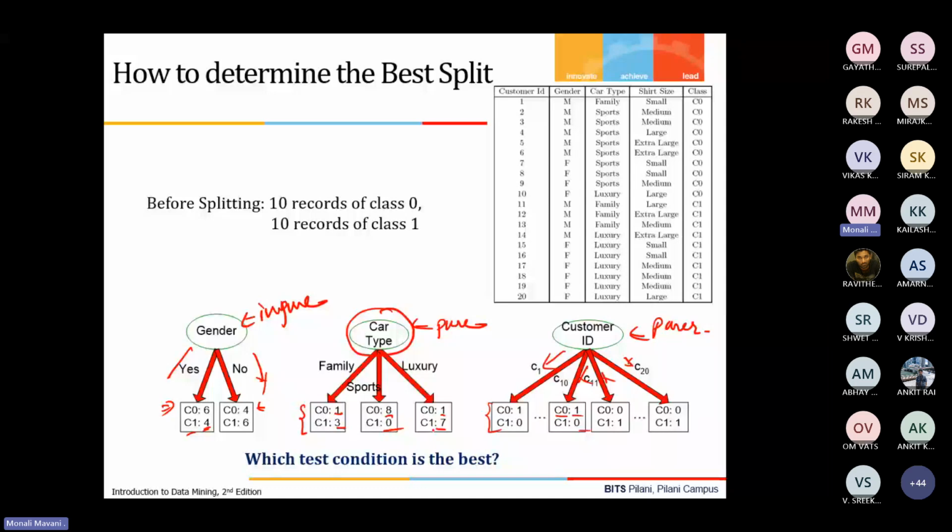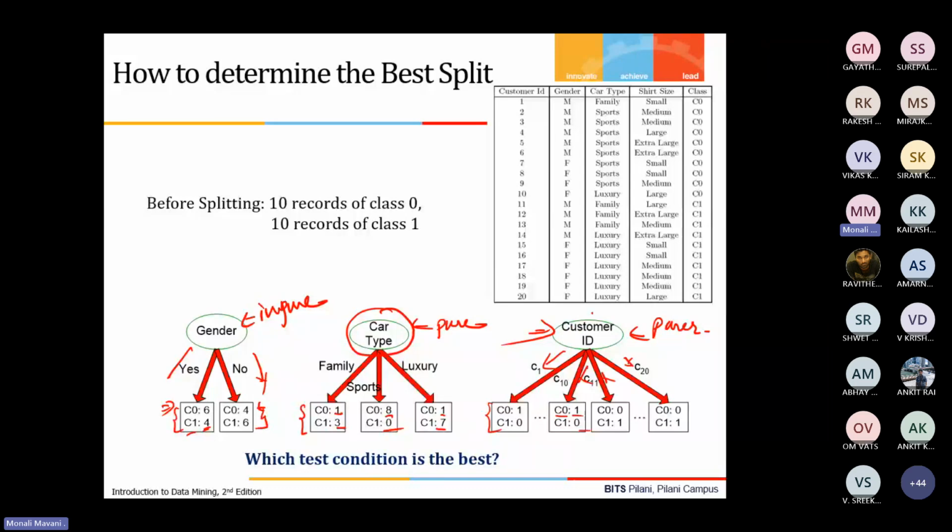So it is a comparative analysis, and compared to gender, where we have almost 50% representation for both classes, it's an impure node. I want a purer node, so that question will always come. Okay, if I want a purer node, I should always choose customer ID as the splitting criterion. But hold on to that.